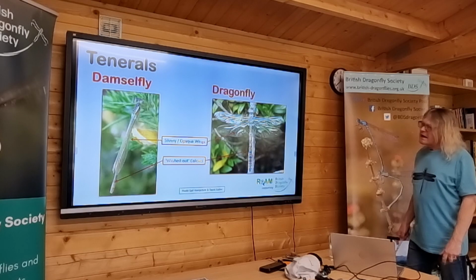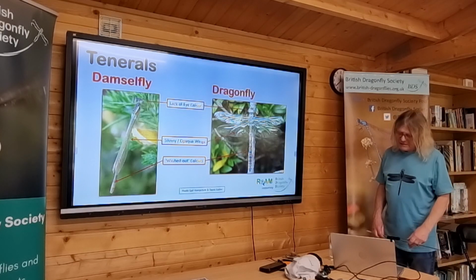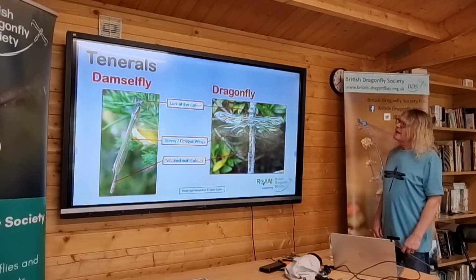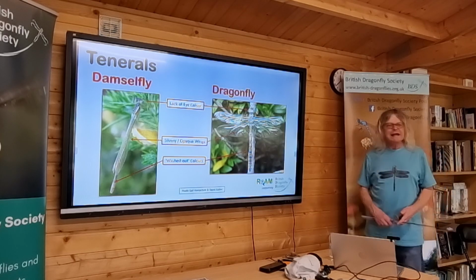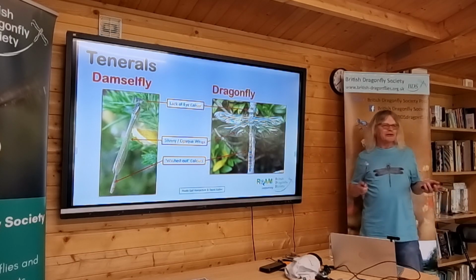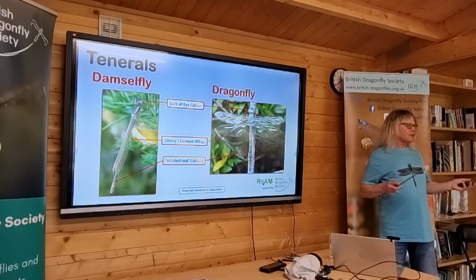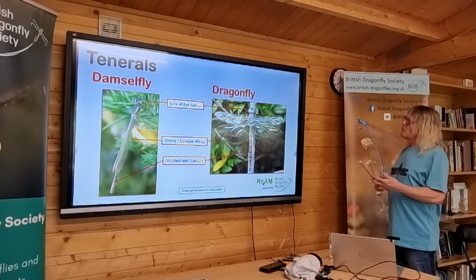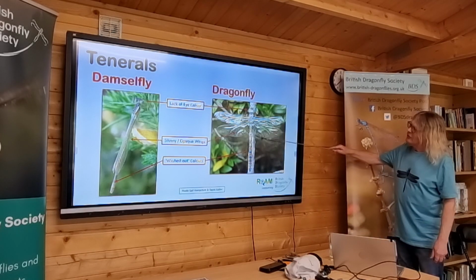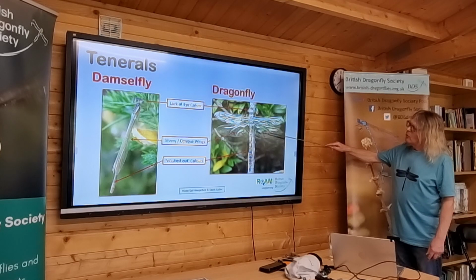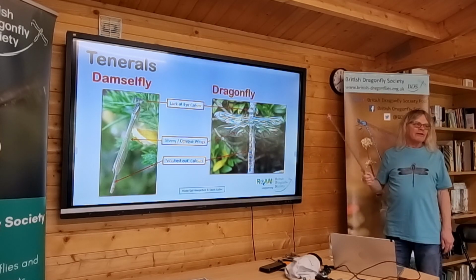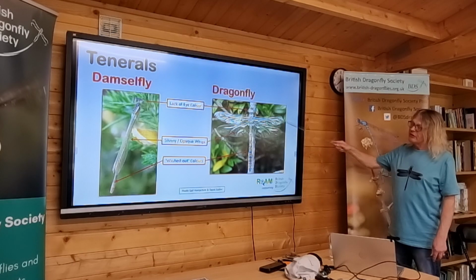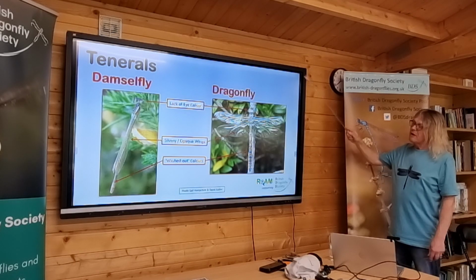So when dragonflies, true dragonflies and damselflies first emerge, they're very, very opaque, really, and they have a complete lack of pigmentation. There's no pigmentation in them at all. So, for example, if you come across something like this, early in the morning maybe, usually not during the daytime, because this species of dragonfly will have flown by then.